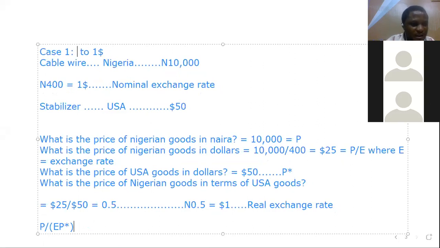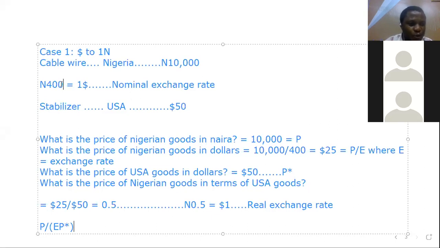Case 1 is dollar to naira. How many dollars do I need to get 1 naira? Let's maintain our analysis. Cable wire in Nigeria is 10,000 naira.